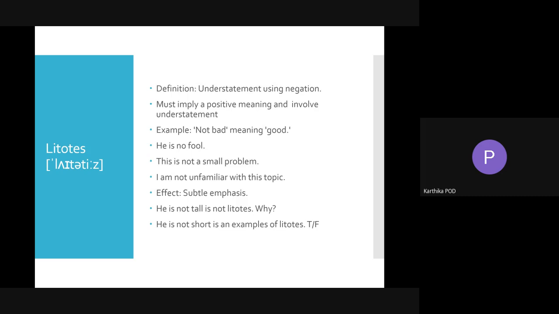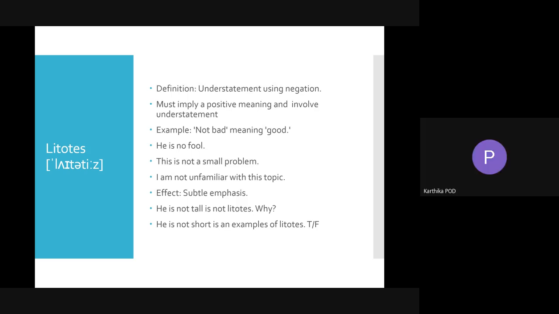Now, I'm saying that he is not tall is not litotes. Can you say why? When I say he is not tall, it means he is short.